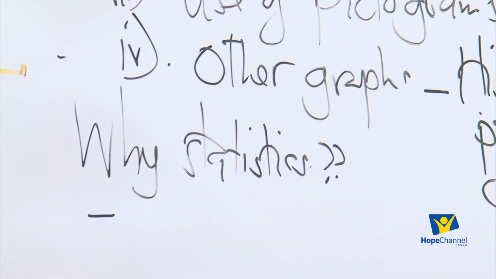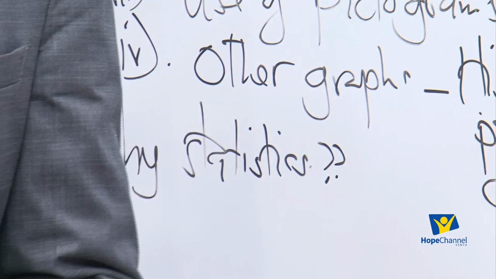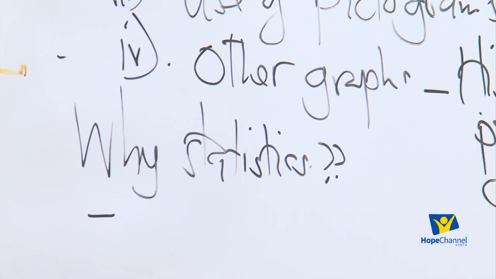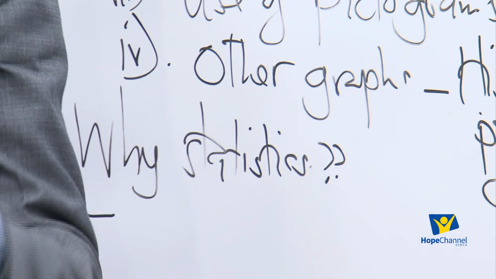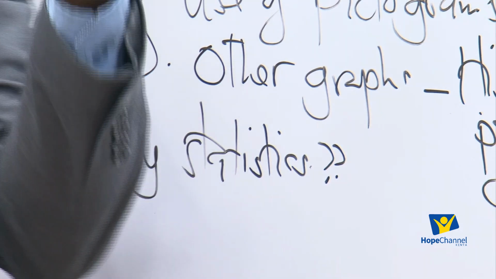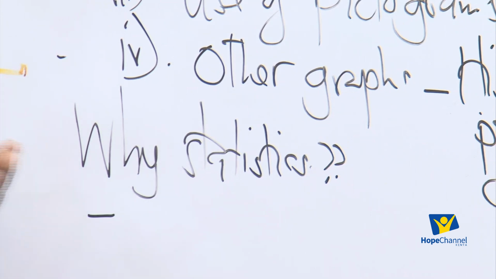Statistics is used in economy. Like, we want to know, why is the price of bread continuously increasing? We will need data to answer that. Statistics is used in health. Like what is the HIV prevalence rate in a certain area? That is statistics.